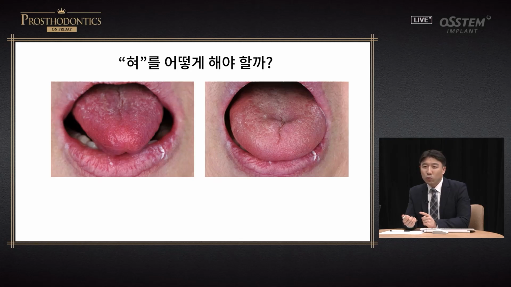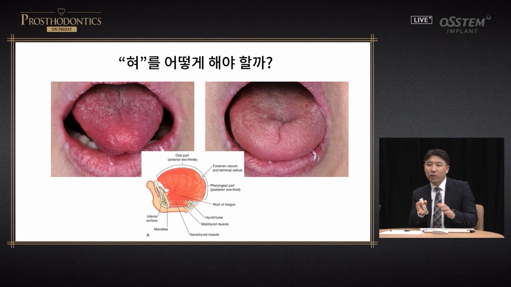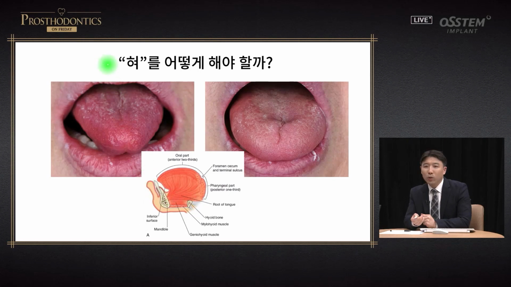I'll show you why. If the patient sticks the tongue out as shown on the left, pointy, the patient only uses intrinsic muscle to protrude the tongue. Therefore, the floor of the mouth does not come up and the tongue comes out like this.